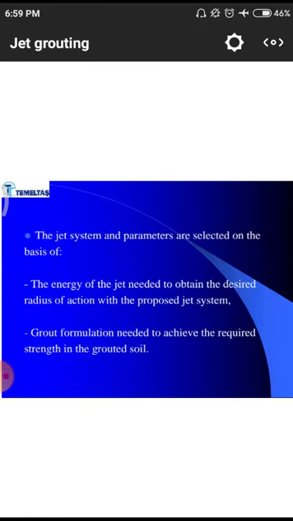Next, the jet system and the parameters are selected on the basis of the energy of the jet needed to obtain a desired radius of action with the proposed jet system, and the grout formulation which will be needed to achieve the required strength in the grouted soil.